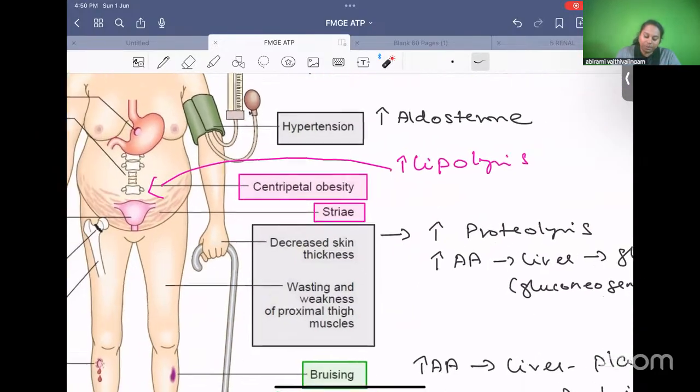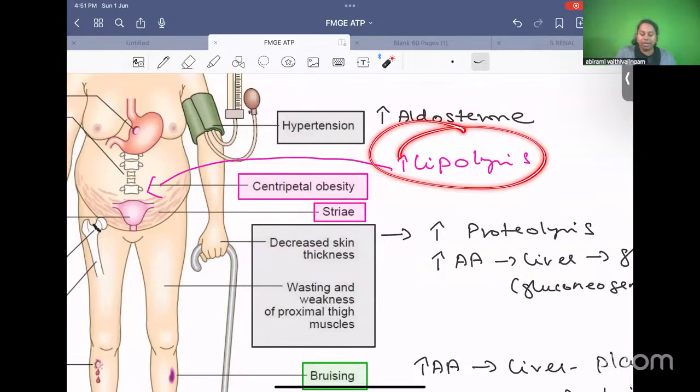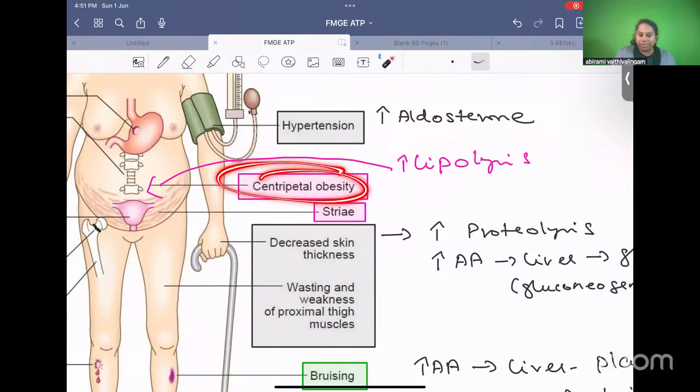Cushing syndrome patients have centripetal obesity and striae. This is because the action of cortisol is lipolysis. It will break down the fats, especially in the hands and legs, and deposit this fat in the abdomen. This is called centripetal obesity. Hands and legs will be thinner, but the abdomen will be obese.